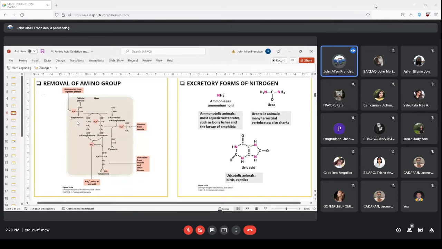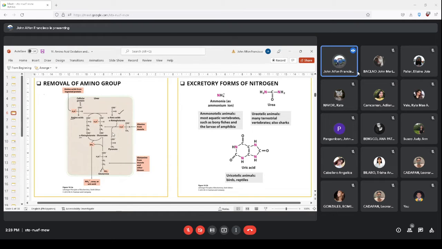And inside the liver, what happens here is the transfer of your amine group to another ketogenic compound, which is alpha ketoglutarate, and then the formation of your carbon skeleton.